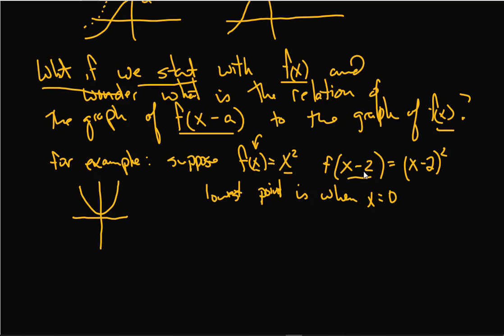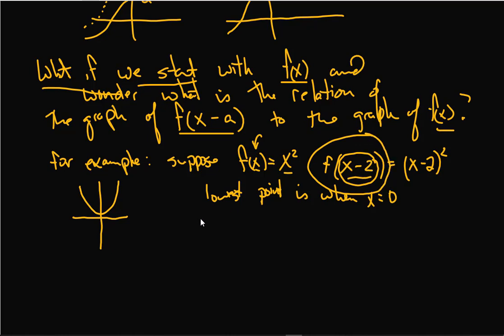So now we can ask, where's the lowest point of this then? It's still going to be where this thing is 0. When this thing is 0, then when you square it, you're going to get 0. And if this thing is not 0, then when you square it, you're going to get something greater than 0. So when is this whole thing going to be lowest? When this thing is 0.